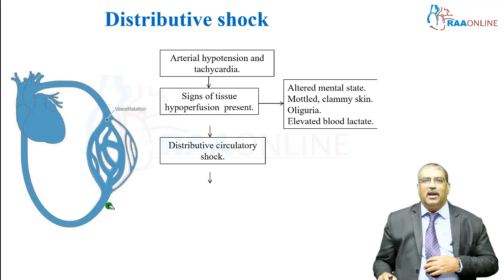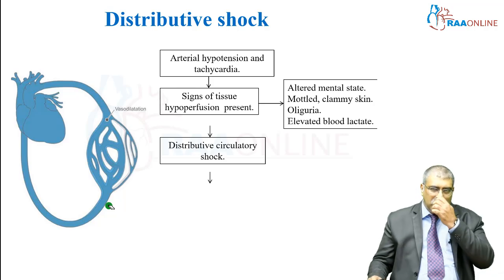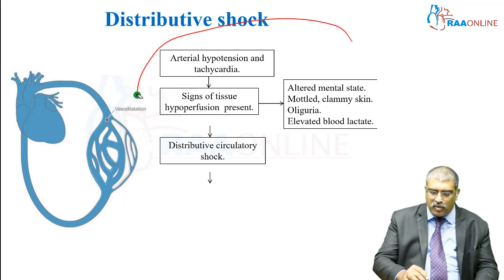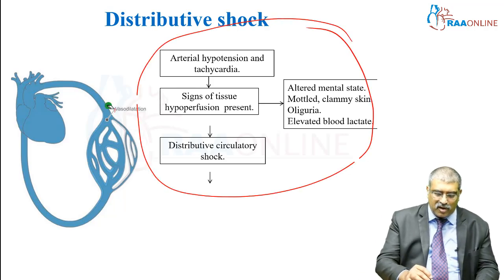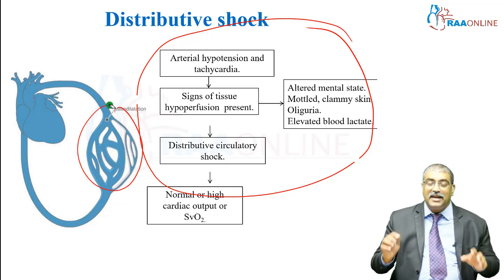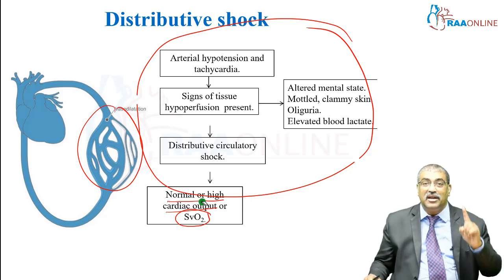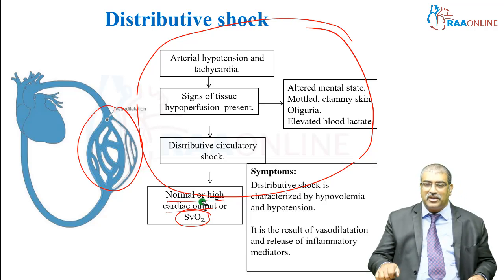Now, coming to the last type of shock, which is distributive shock. Here, the clinical feature is almost similar to other types of shock, but you have widespread vasodilatation. Here, as I said earlier, there is going to be normal or high cardiac output or high central venous oxygen saturation.